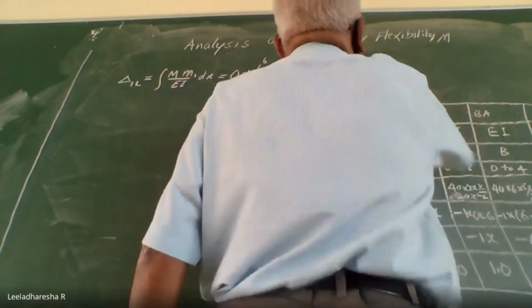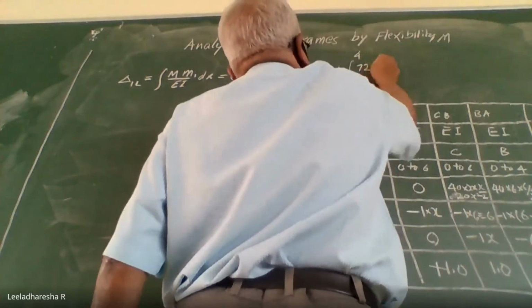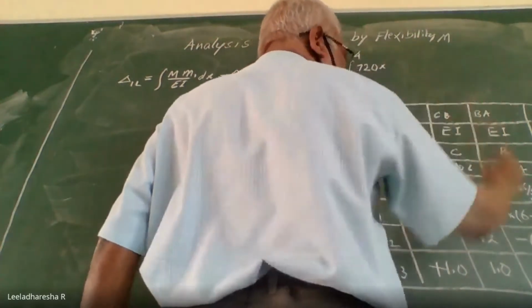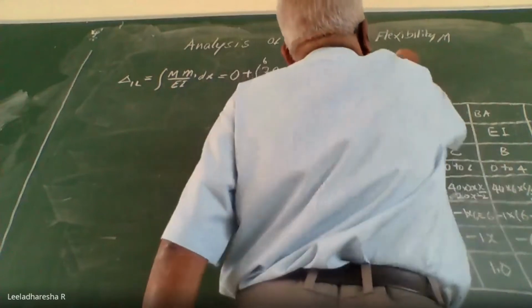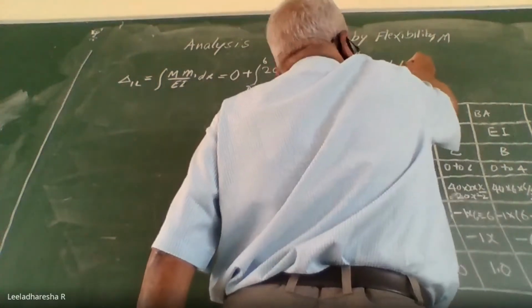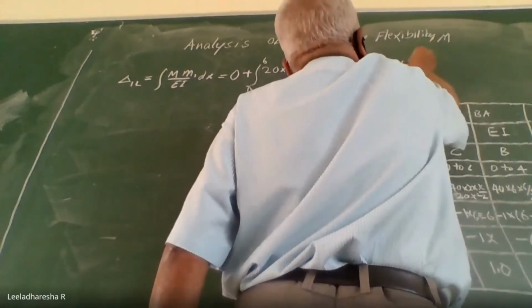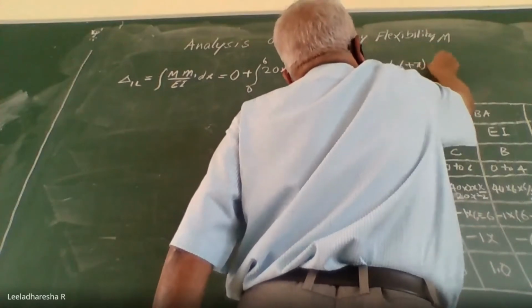It is 720, M is 720 into M1, minus 6 plus x, into dx.